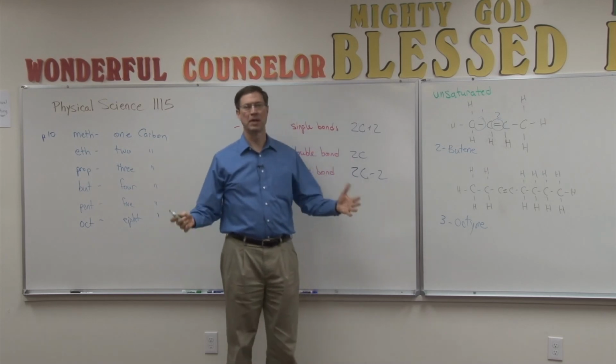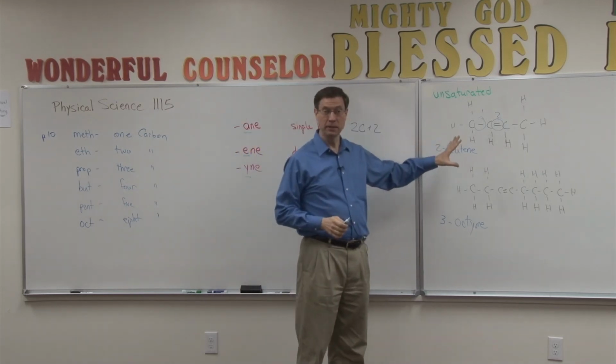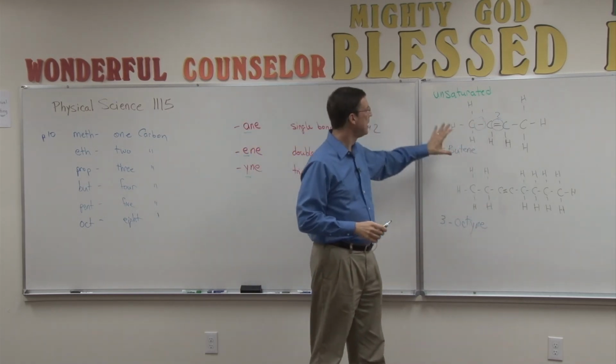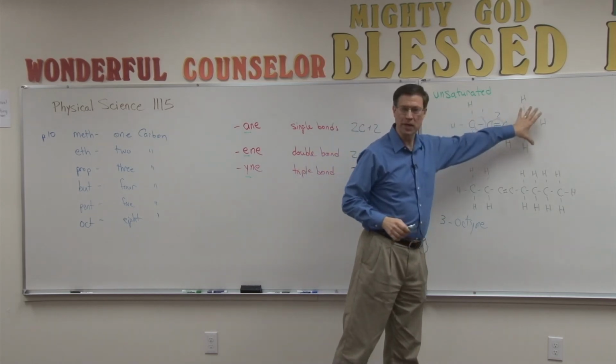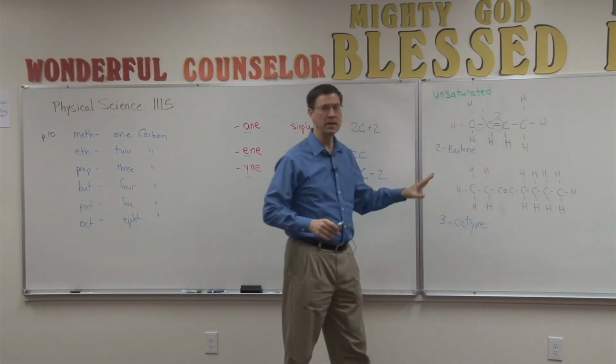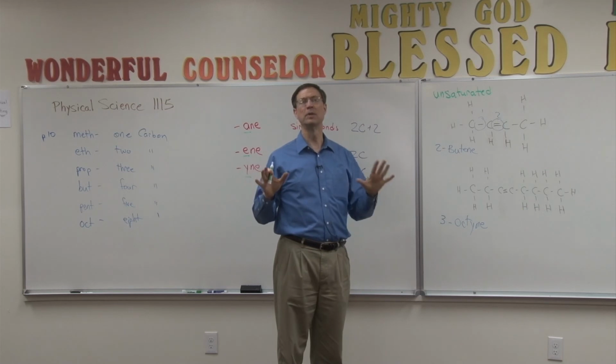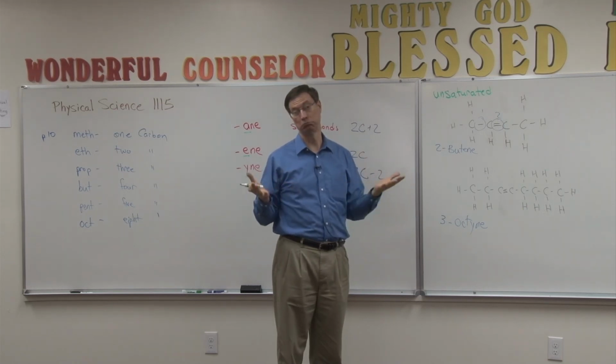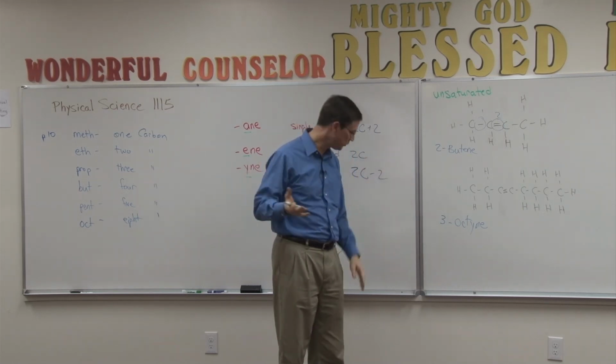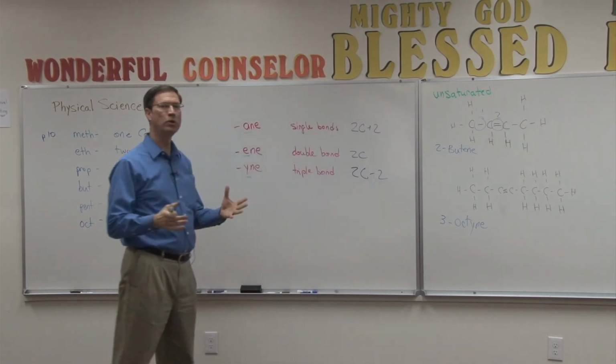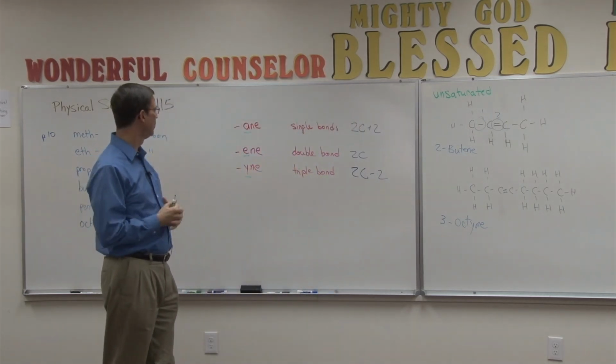Okay, that's all there is to it. If it's an ane, and so there's no double or triple bonds, and we have hydrogens all the way across top and bottom, and we have the hydrogens on the end, and it's maxed out, then we say it is saturated. Saturated, unsaturated, it's that simple, whether you have the maximum number of hydrogens possible.